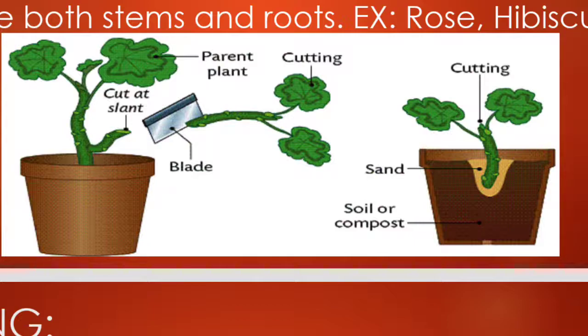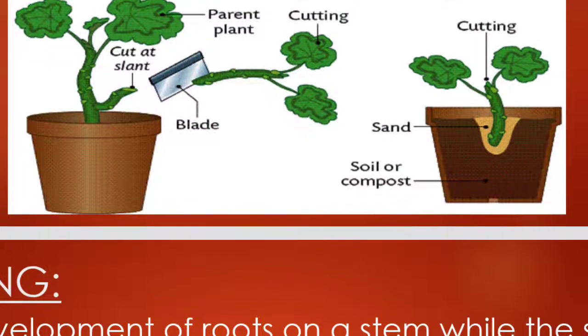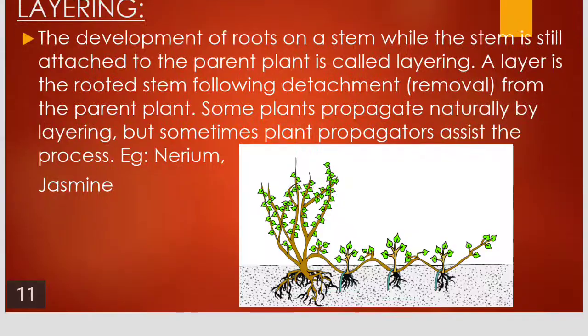If it is a stem, it will develop the roots. If it is a root that you have cut, then it will develop the stem and leaves. So whatever you have chosen, accordingly it will develop the missing parts and develop into a new individual. So the examples of the cutting are rose and hibiscus. Okay children, you have to be careful when you are cutting with the blade.